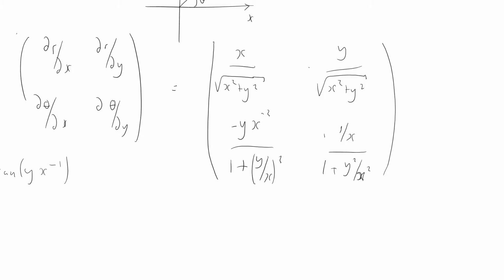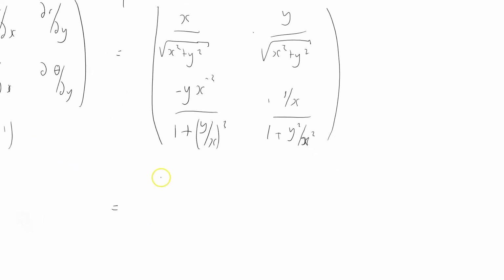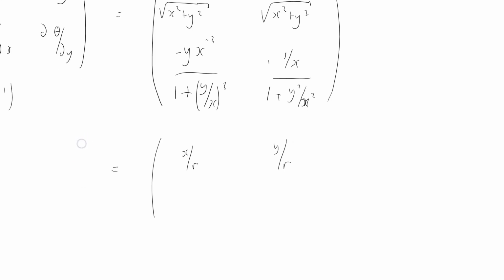I'm going to do two things. I'm going to simplify it algebraically, but I'm also going to simplify it notationally, or conceptually, and just write x over r, y over r, minus y over x squared plus y squared, because we multiply top and bottom by x squared, and x over x squared plus y squared.